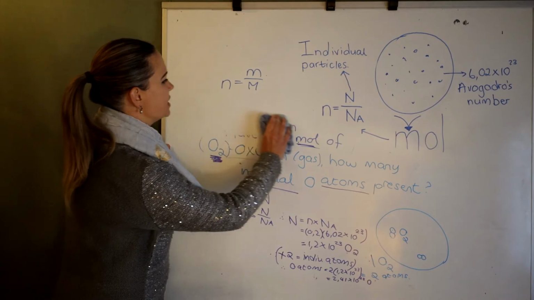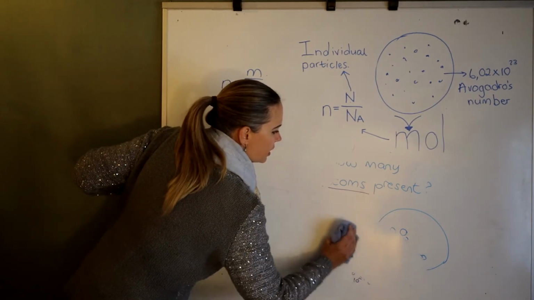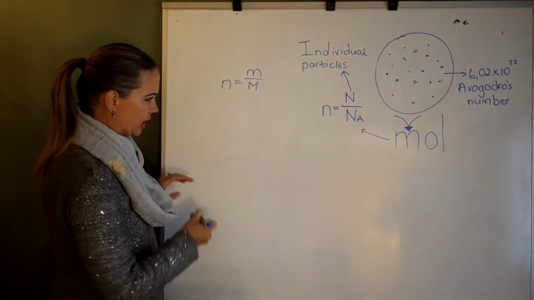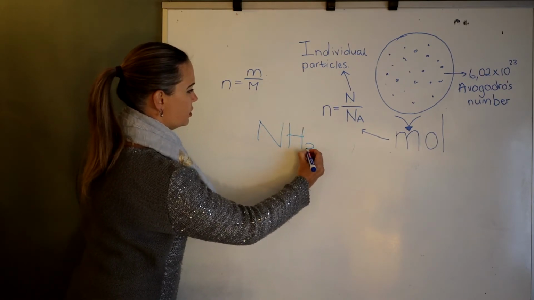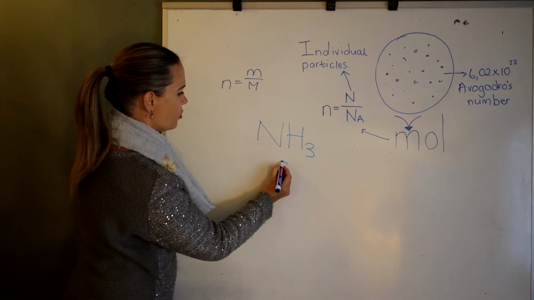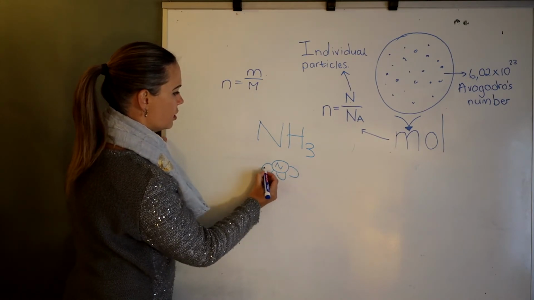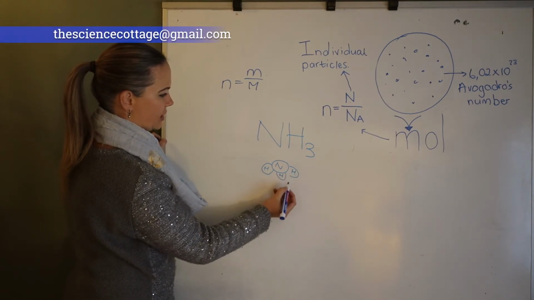The same idea will present if you have, for example, ammonia. For every 1 ammonia, 1, 2, 3 hydrogen atoms.